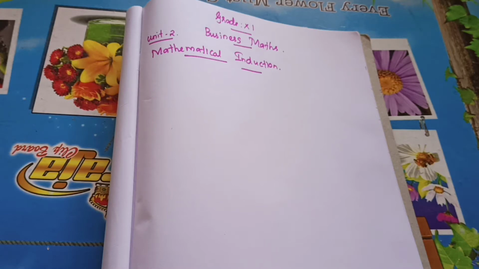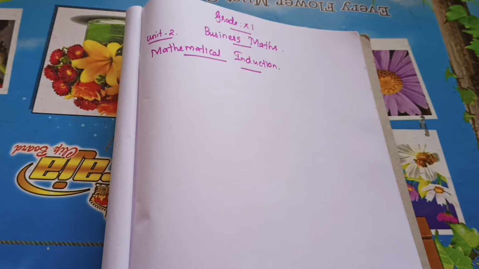The principle of mathematical induction. So how will we do this? First an initial step and an inductive step are given. Let P of n be a given statement for n belongs to N. Whatever statement they give, you need to choose it as P of n. Then the initial step: let the statement be true for n equal to 1.